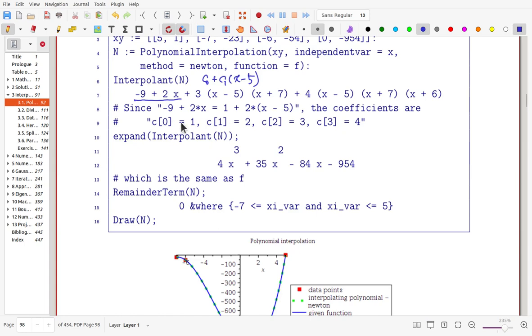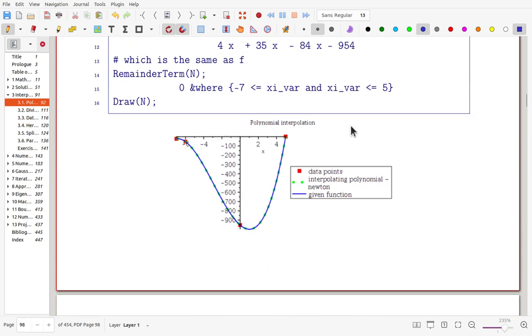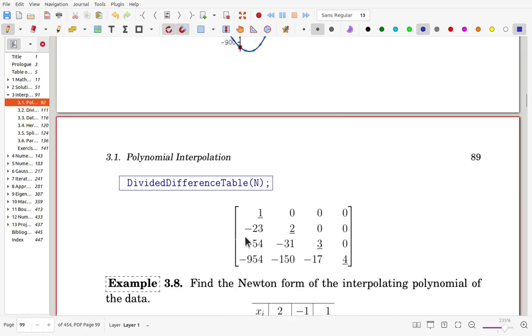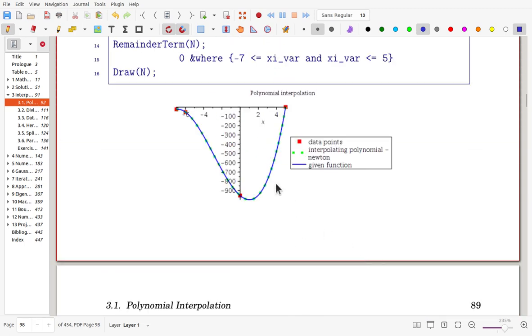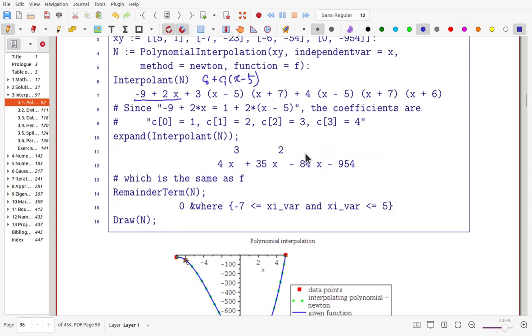C0 is 1, C1 is 2, C2 is 3, C3 is 4. So by manipulating this table, if you take the diagonal values, then these are just the coefficients of the Newton interpolating polynomial. Okay.